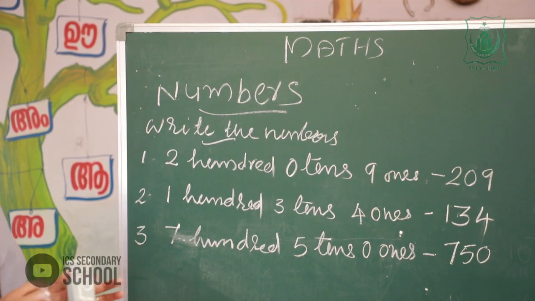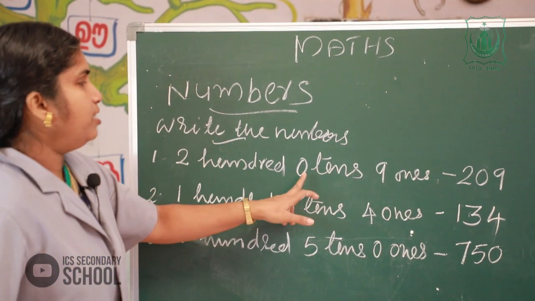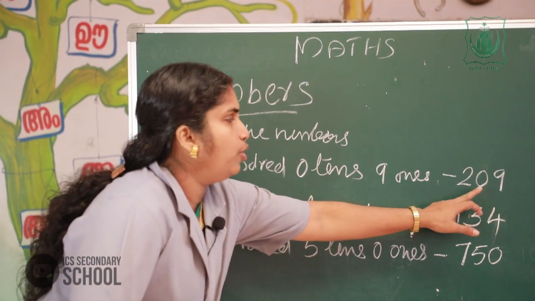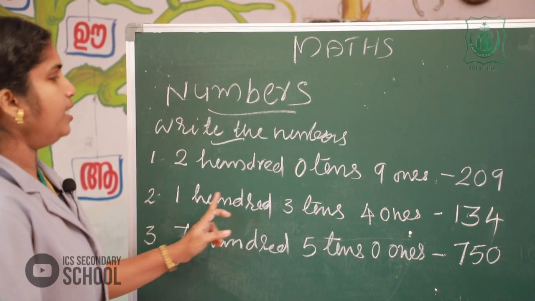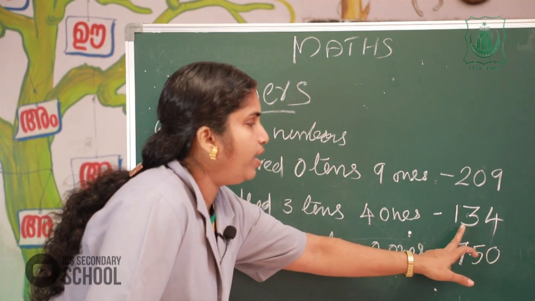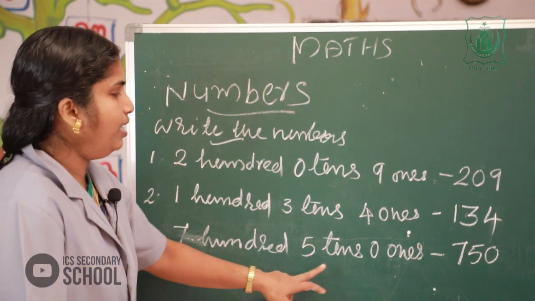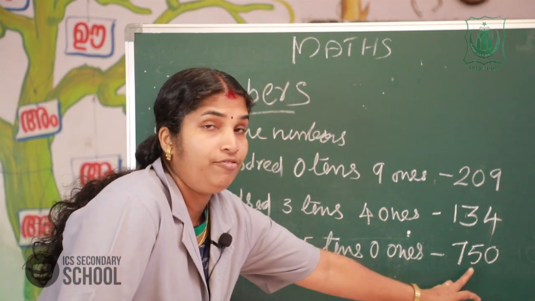So 200, 0 tens, 9 ones is 209. 100, 3 tens, 4 ones is 134. 700, 5 tens, 0 ones is 750.